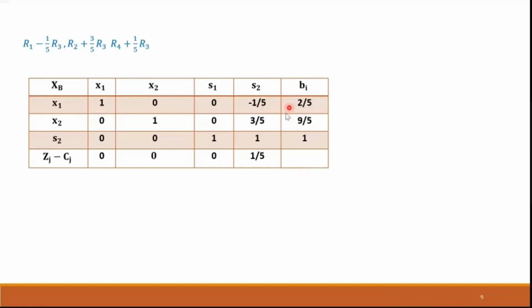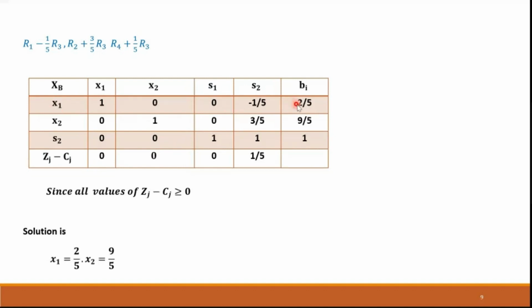Only these two numbers are to be checked. The rest should all become 0 1 0 0, only these two we have to check. And then we have to write the final answer.